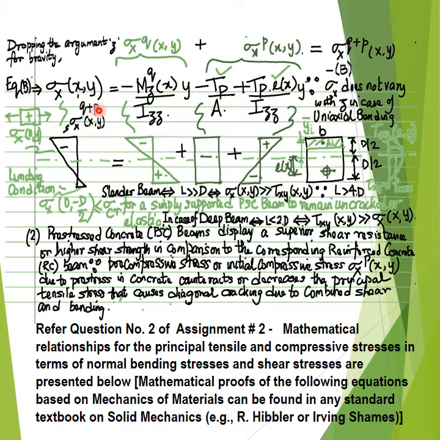The physical interpretation of equation B, thus expressed in the present slide, is that the normal or direct bending stress in the pre-stressed concrete beam element sigma x at any location or coordinates x and y can be expressed as a sum of two components.